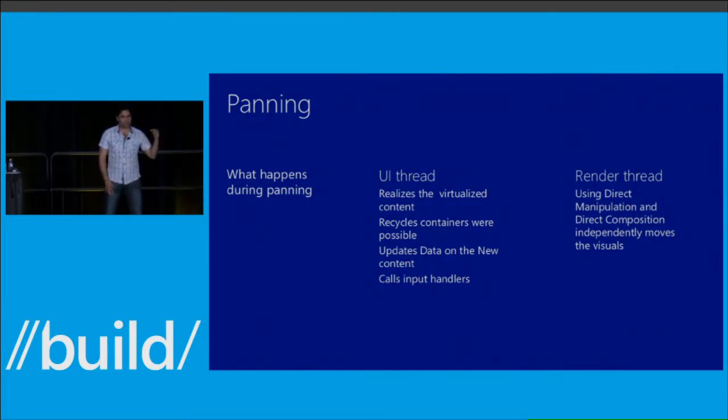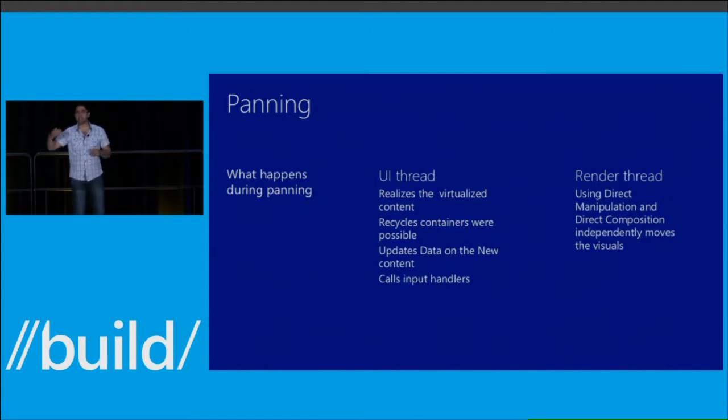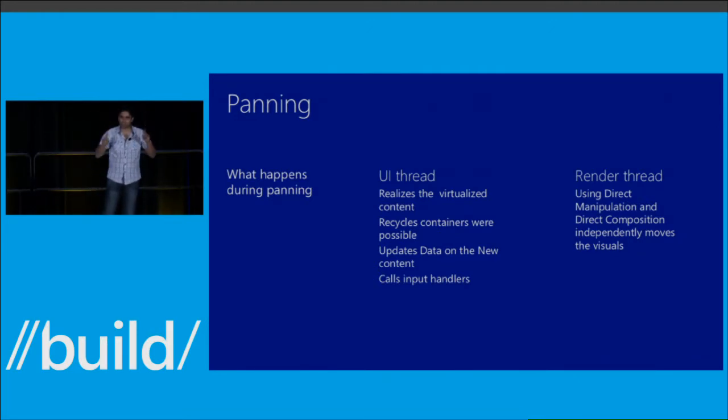Your UI thread is polling the input thread to get the new coordinates which it can apply to the scroll viewer, so the scroll viewer can recycle the containers and apply the data context and data binding. The render thread is polling the input thread, asking for new transforms based on the gestures so that it can apply those transforms to this rectangle. It can be pinch or zoom, it can be pan, it can be flick.